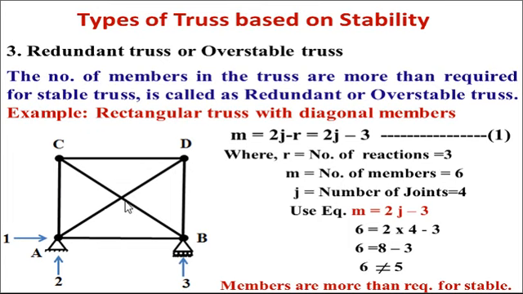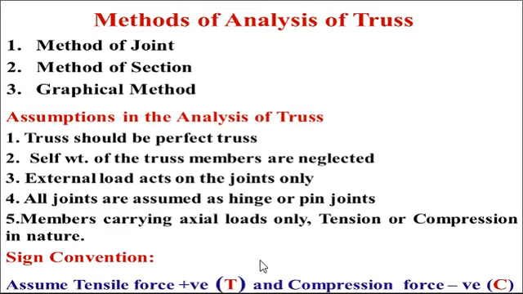This middle point is not a joint, it is just the crossing of 2 members. So don't consider this as a 4th member, these are only 2 cross members. So here M is 6 and joints are 4. At 4 corners there are 4 joints. This middle one is not a joint. So here we will come to know that one member is extra than required. So it is called redundant or overstable.